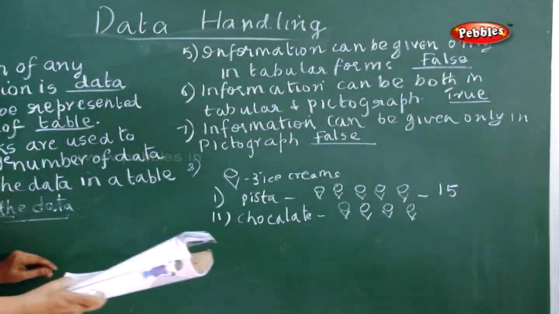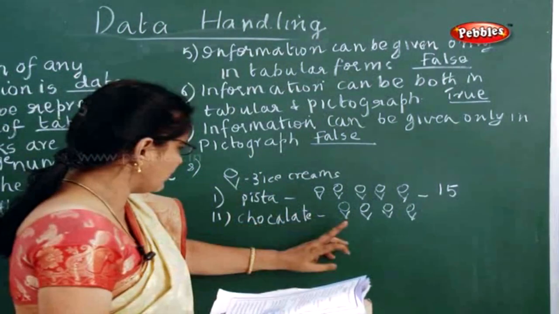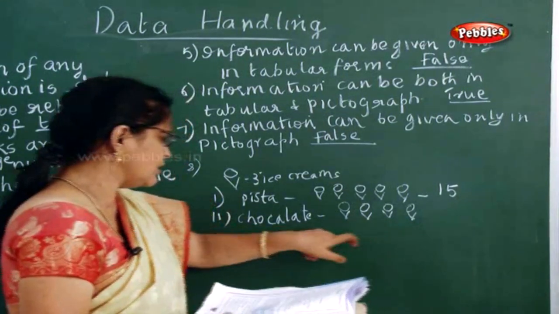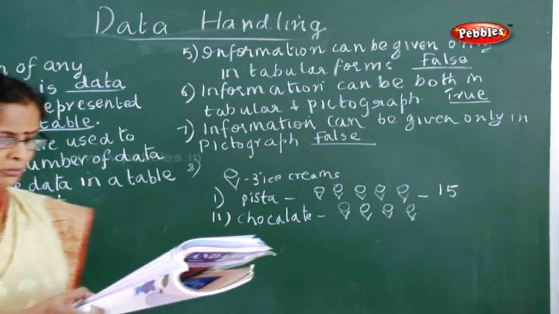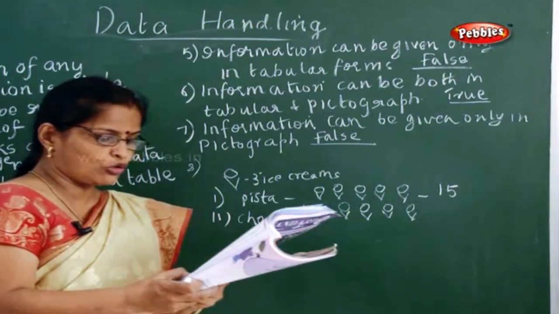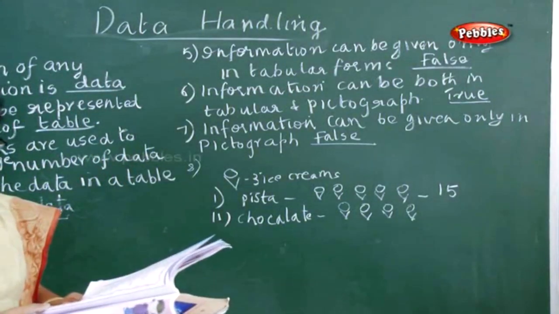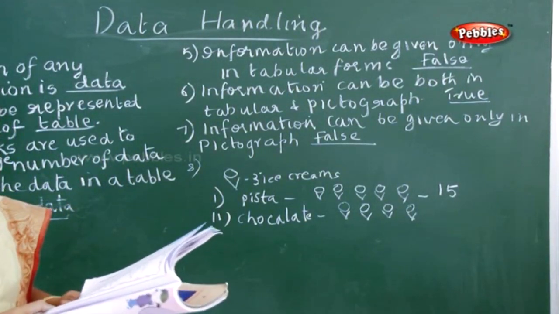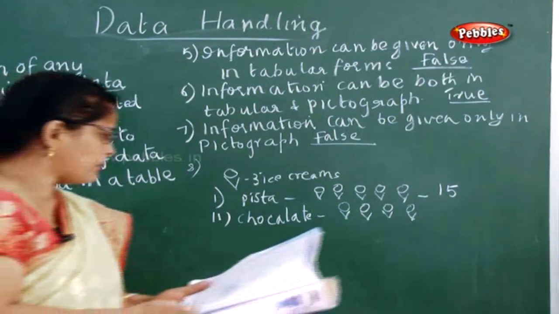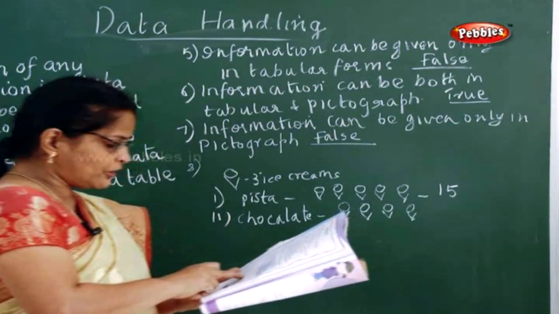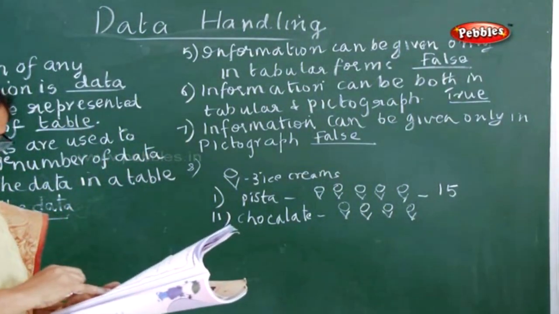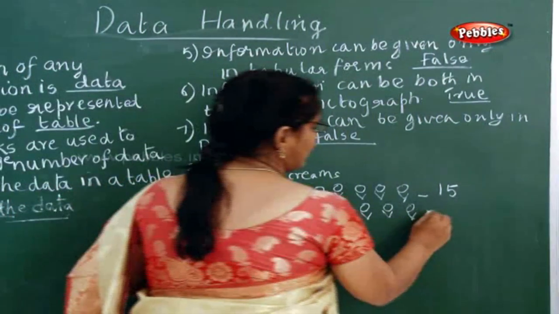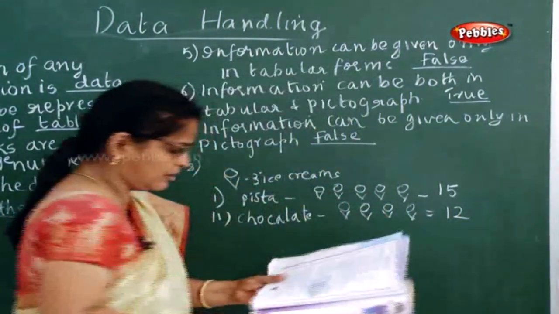I told you one cone represents 3. So 3 into 4 is 12. Strawberry was 2 cones, so that means 6. Strawberry is 6. But chocolate is 12. 4 into 3 it is 12. So you have to write 12 ice creams.